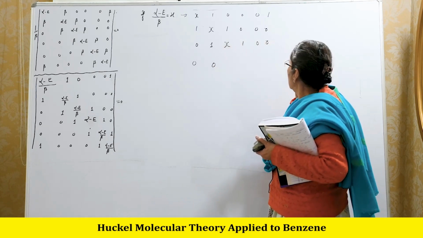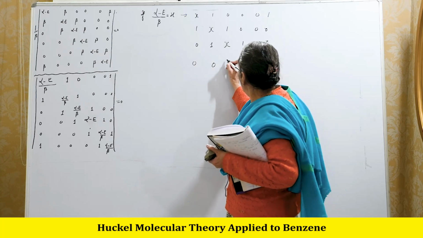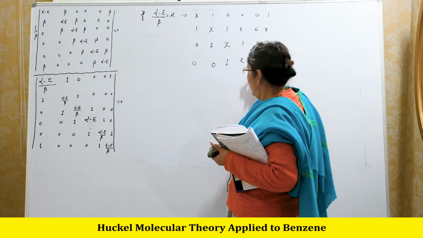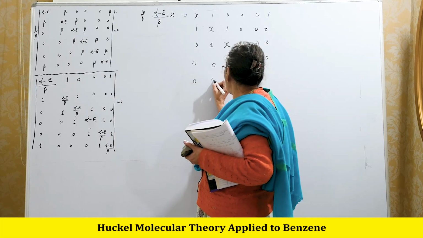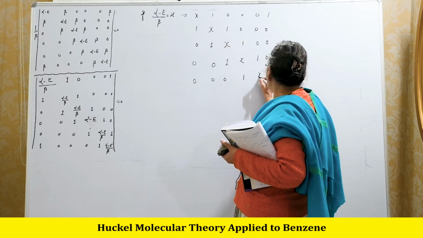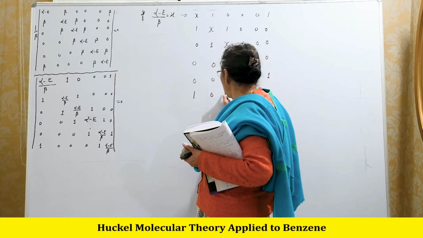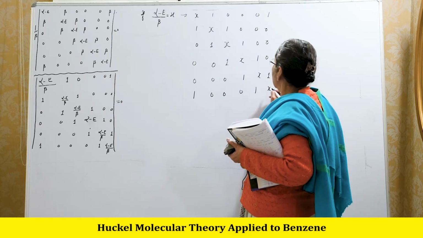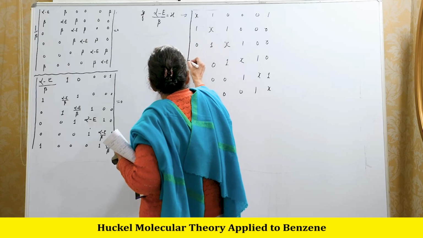x 1 0 and 0 and now 0 0 1 x, and 1 0, this is the fourth line and 0 0 0 0 1 and x and 1. This is 1 0 0 0 1 and x, so we get this in the form of x.